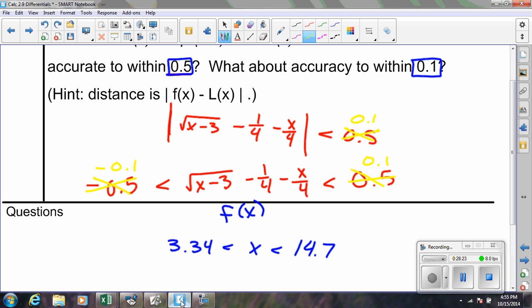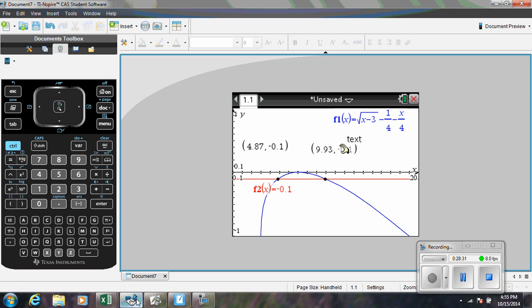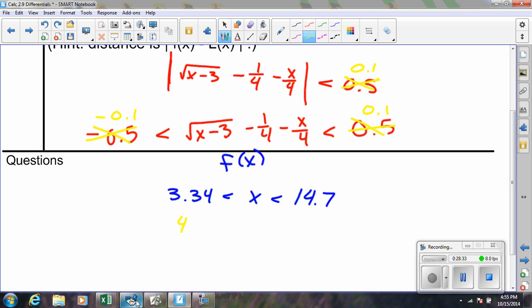If we want to stay within an error tolerance of 0.1, we would need to stay from 4.87 up to 9.93. Anything within these values will still be within 0.1 of the actual function value.